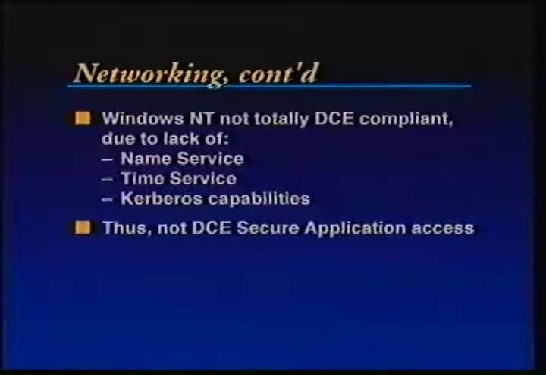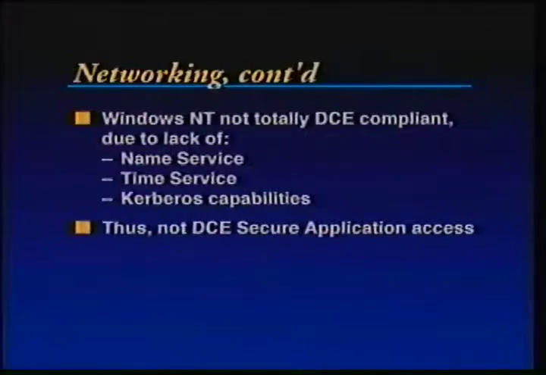However, with the Advanced Server for Windows NT, which was formerly called LAN Manager for Windows NT, there is the capability of doing many things which a name service allows. For example, keeping a centralized database on a server of the names of users and their account information, the PCs and their configuration, as well as various networking configuration information.